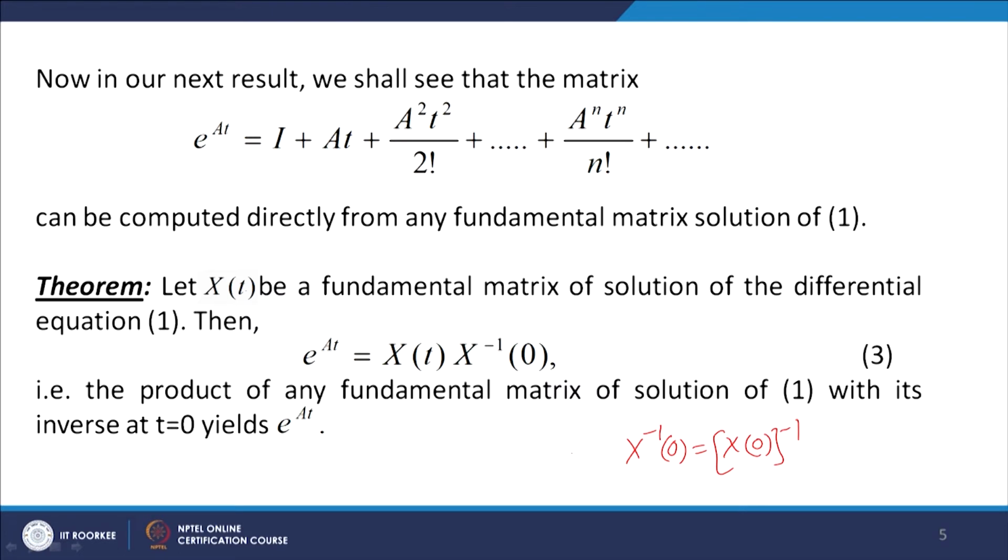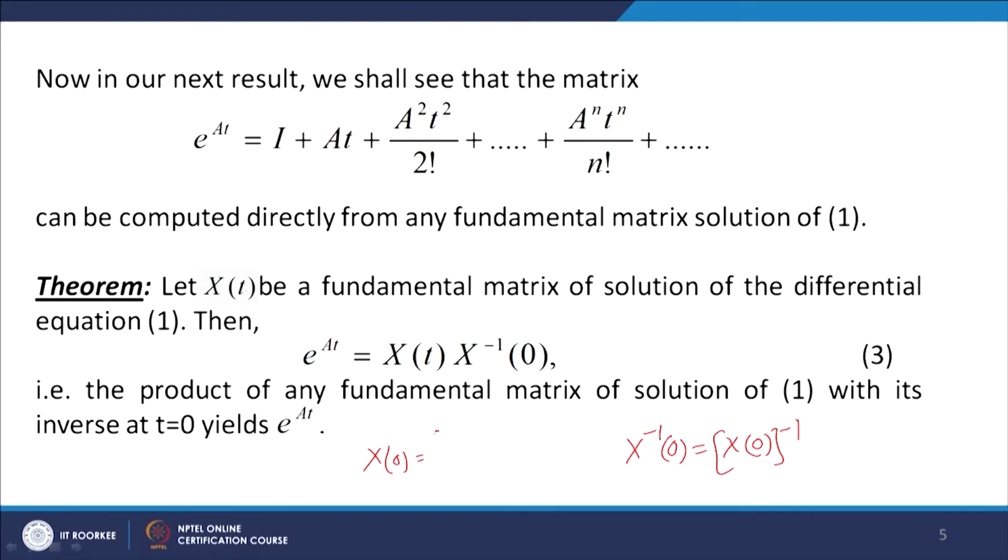So X inverse 0 is the inverse of the matrix X(0). When you know the matrix X(t), just put t equal to 0 there. Then X(0) will be equal to x1(0), x2(0), and so on, xn(0). This n by n matrix you will get, and you find the inverse of this X(0) to get X inverse 0.